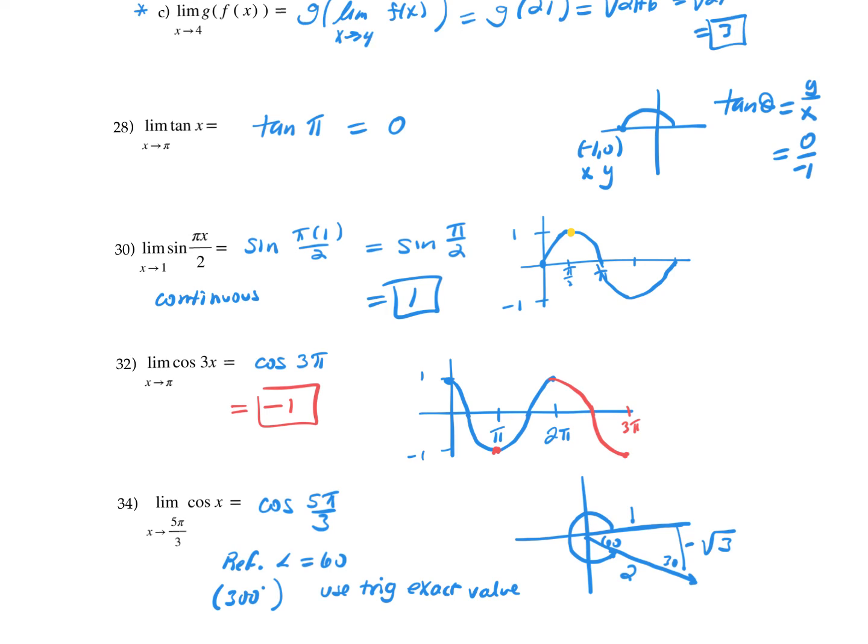Cosine is adjacent over hypotenuse, so we want to use 1 and the 2. So our limit as x approaches 5 pi over 3 for cosine of x will just be equal to the cosine of 5 pi over 3, which will be 1/2.